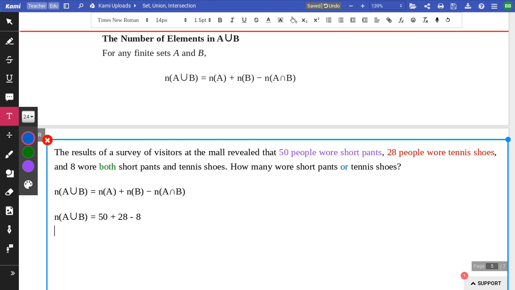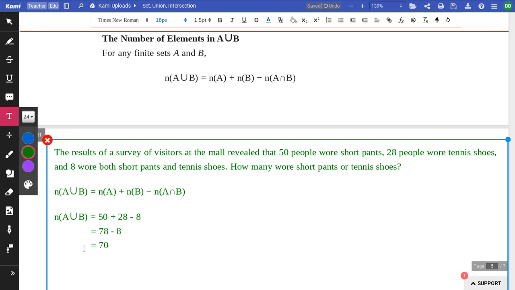Okay, so let's go ahead and finish solving this. So 50 plus 28, 78 minus 8, 78 minus 8 is 70.